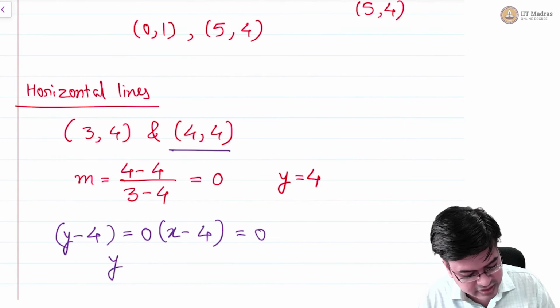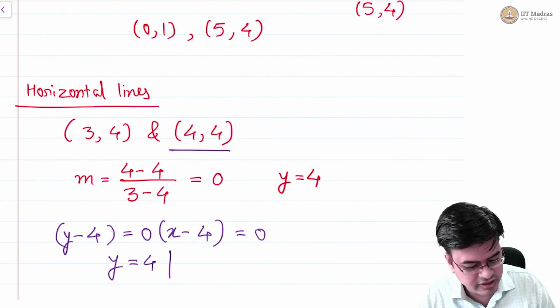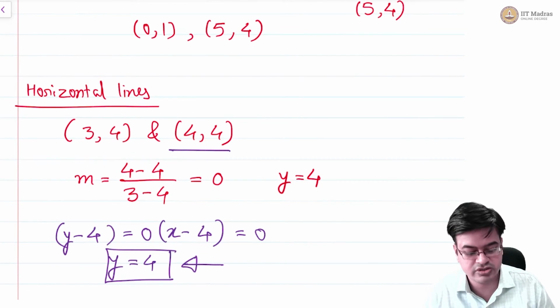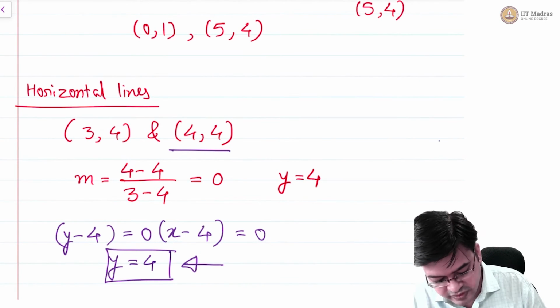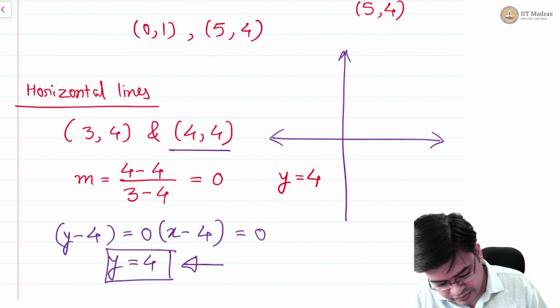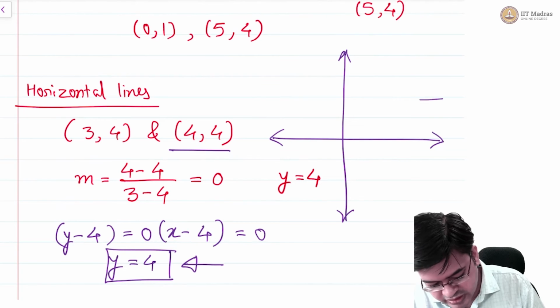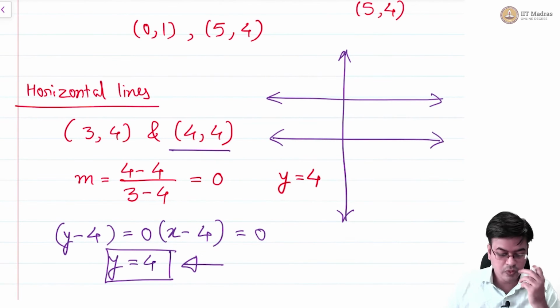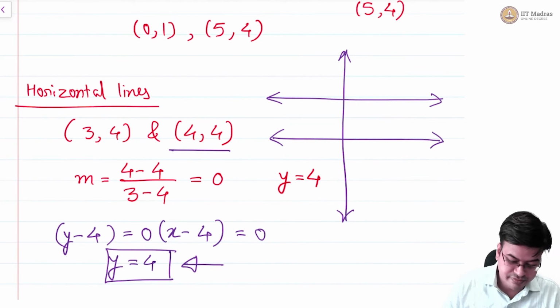So y is equal to 4 will be the equation of this line, and this line naturally will be a horizontal line, because if you look at the coordinate axis and try to draw this line, it will be 4 units apart and it's a constant. It has a constant distance from the x axis. Y is equal to 4, right?